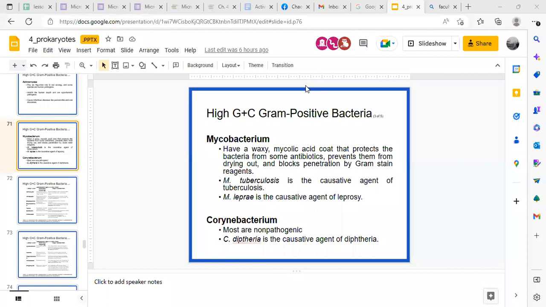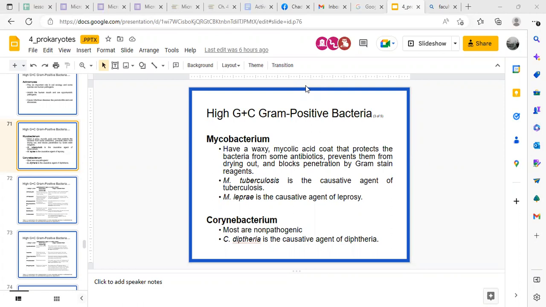In terms of the morphology, of course, it's gram-positive bacteria. You have a waxy mycolic acid coat, which prevents them from absorbing gram-stain reagents.